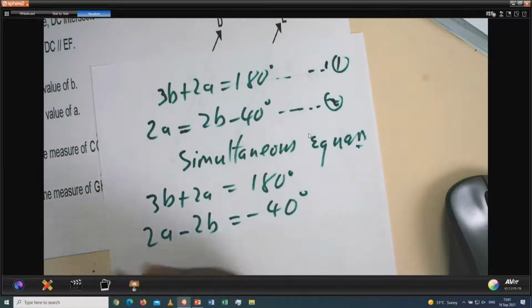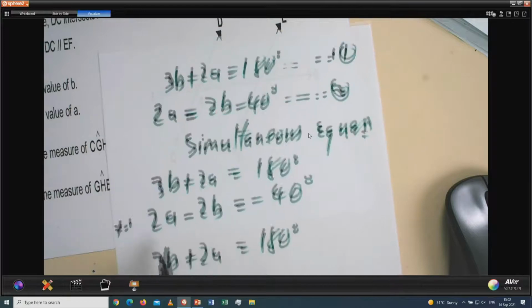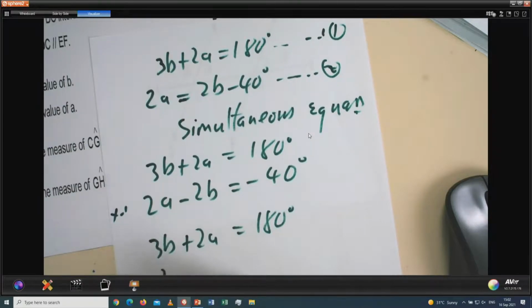Then we can multiply everything down here by negative 1. Equation 2 by negative 1, because you want 2a. So 2a by negative 1 is minus 2a. 2b by negative 1 is positive 2b.